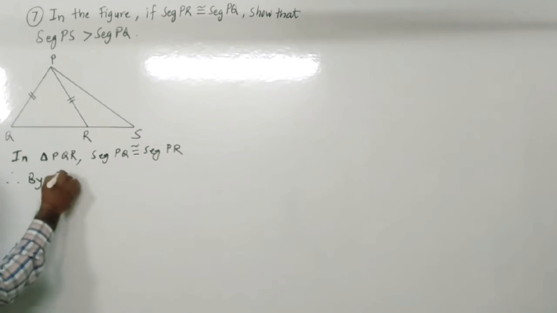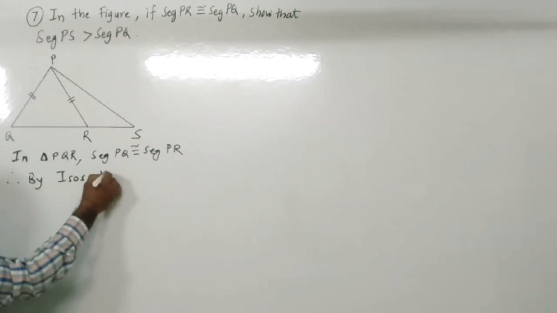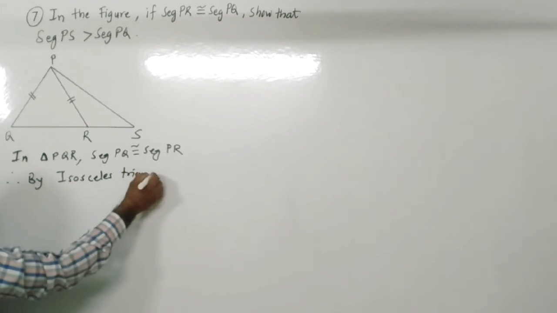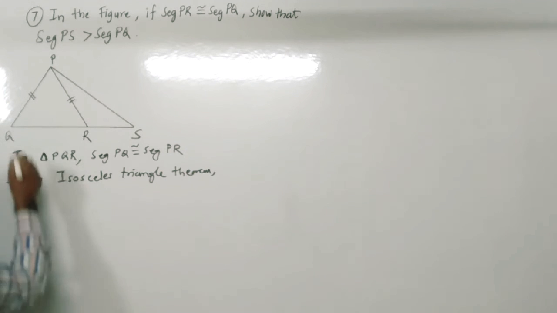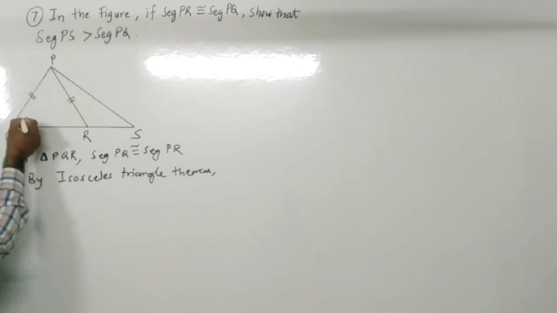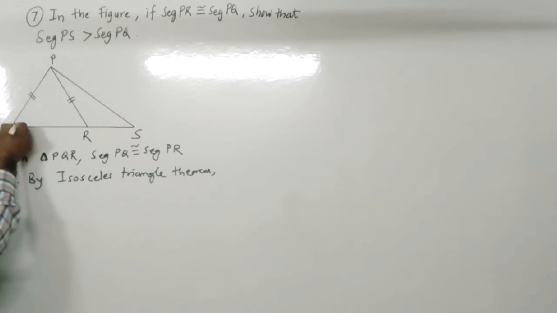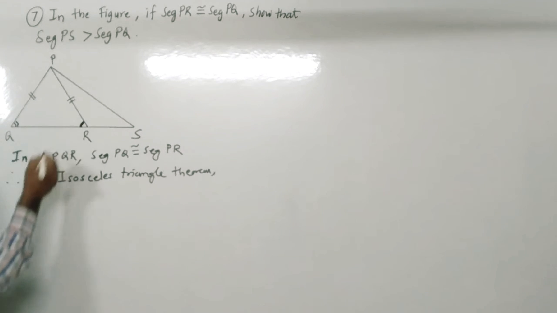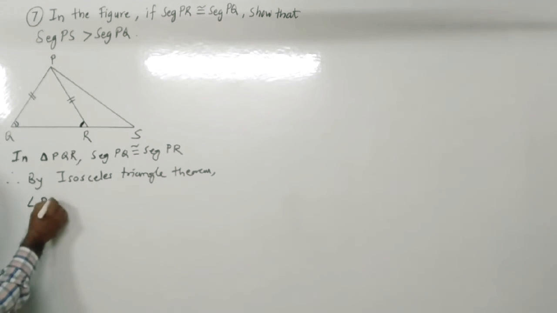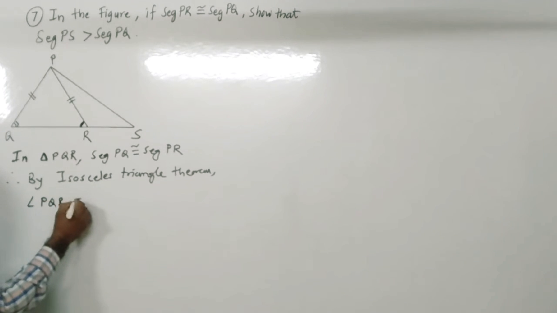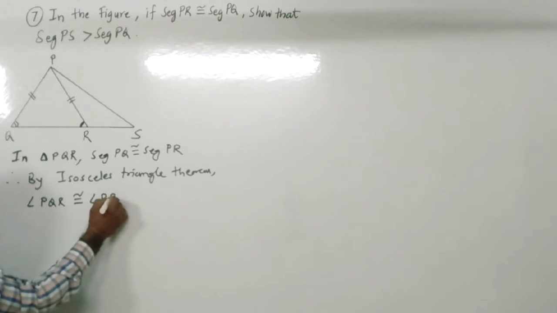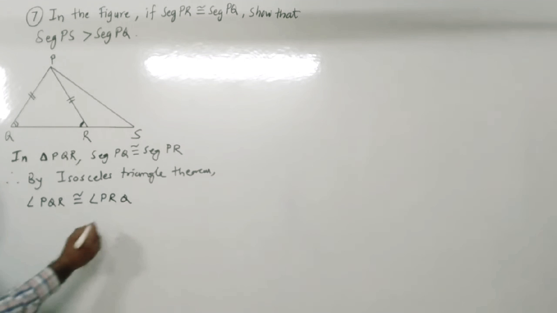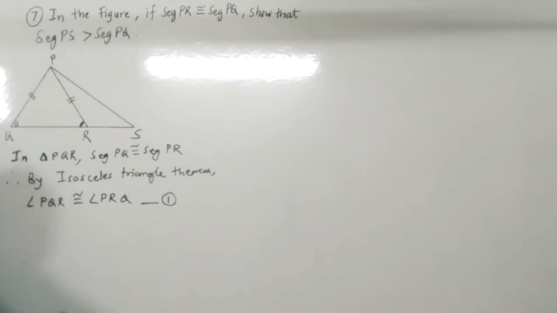Therefore, by the isosceles triangle theorem, angles opposite to congruent sides are congruent. So here angle PQR is congruent to angle PRQ, number one.